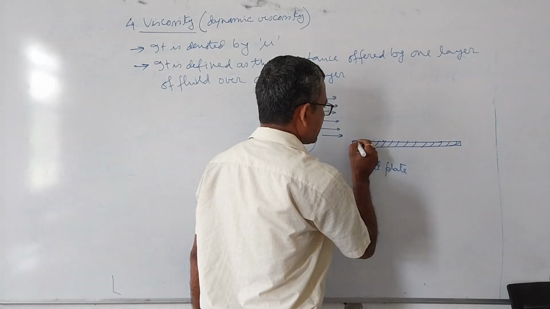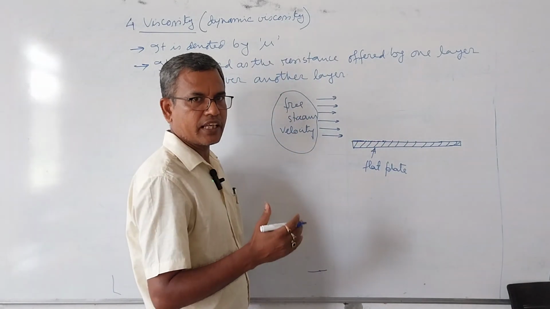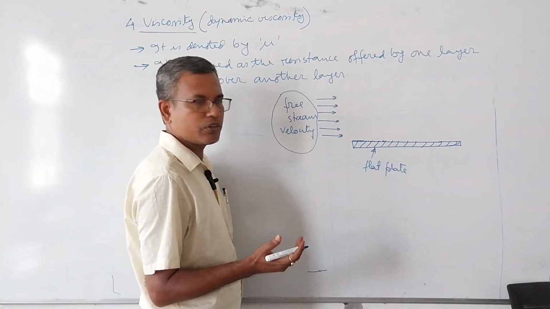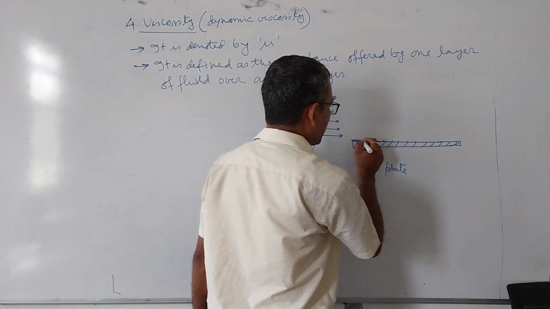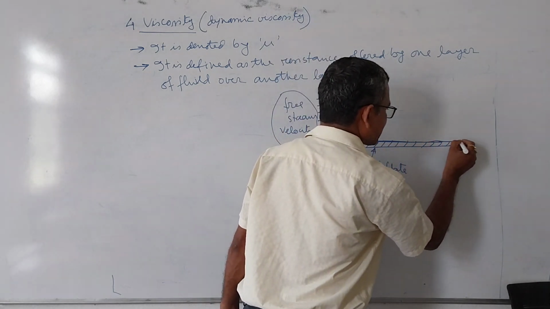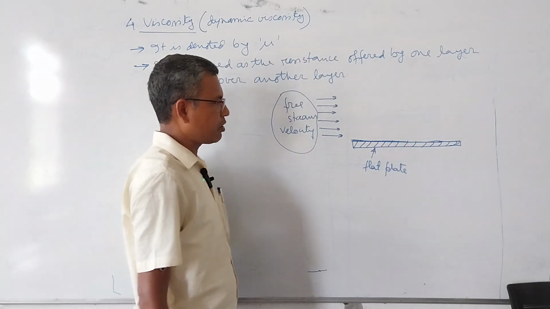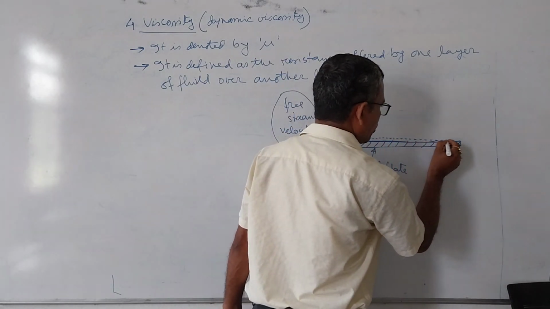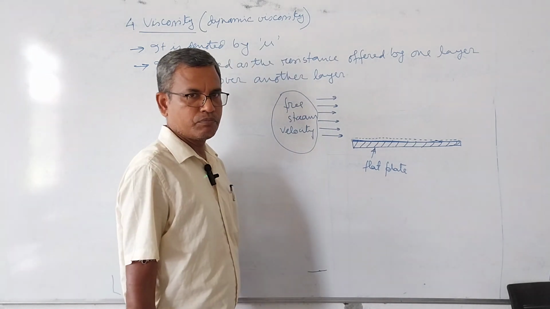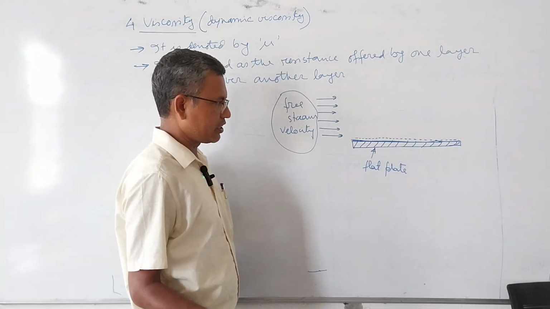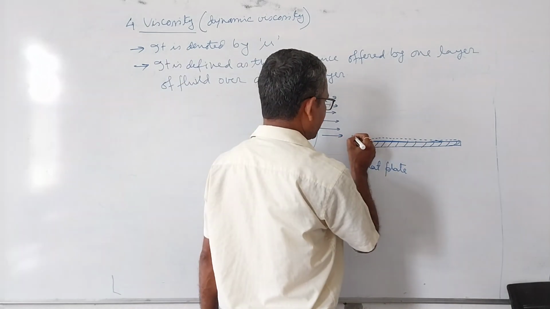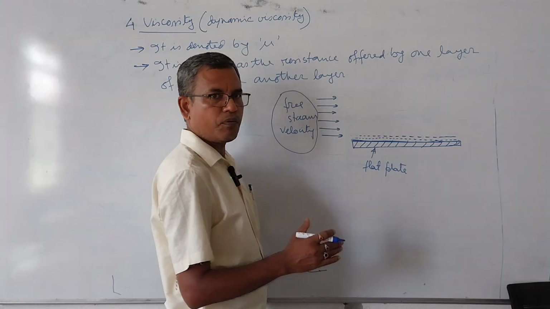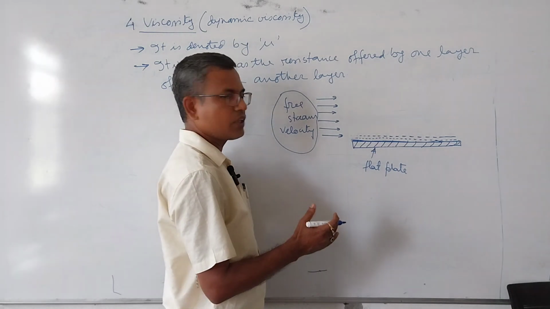The fluid just above that layer will have some small velocity which is not zero. In this way fluid flows layer by layer, and one layer offers resistance to the other layer.